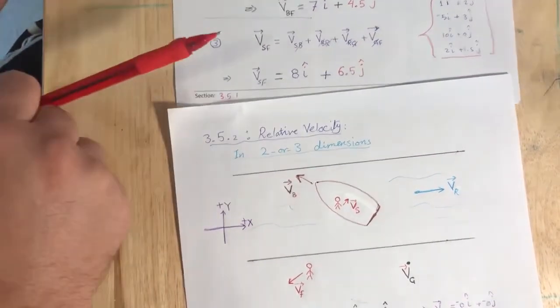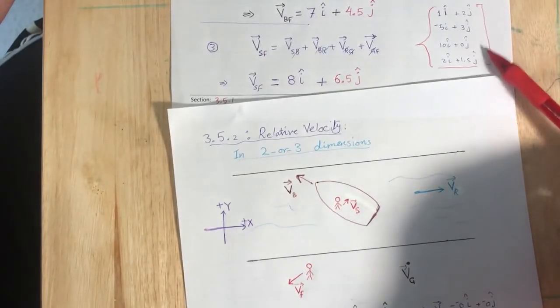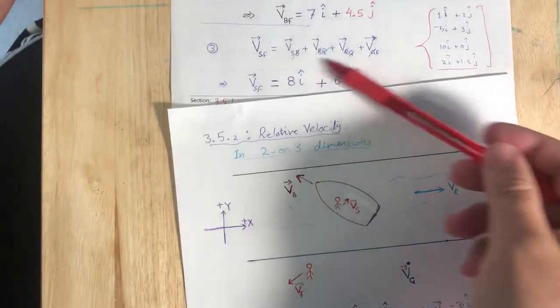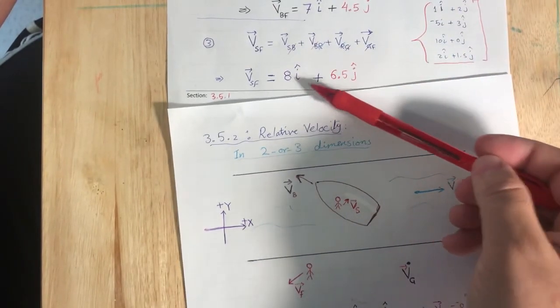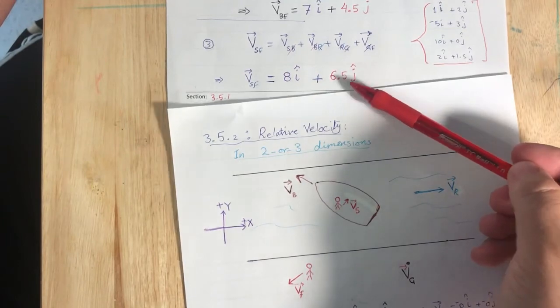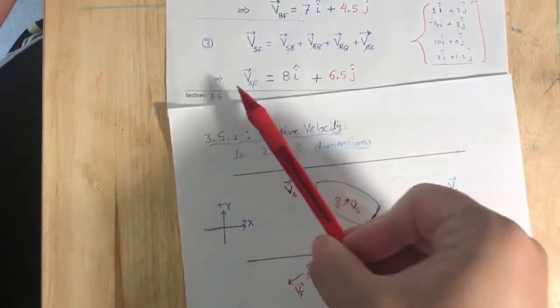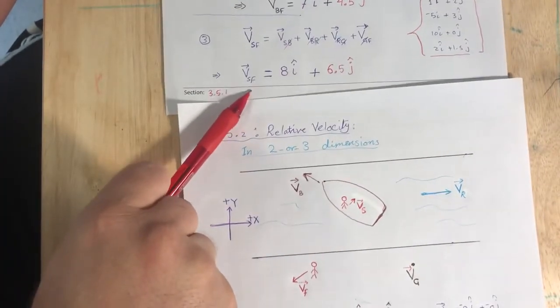All of them are known as vectors. We just need to add the x components together, which is 8i, and the y components together, which is 6.5j. This is the velocity vector for the sailorman with respect to the fisherman.